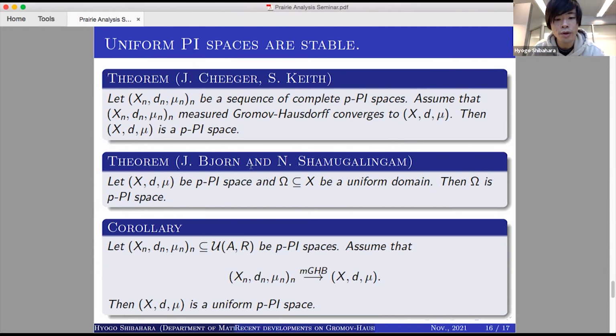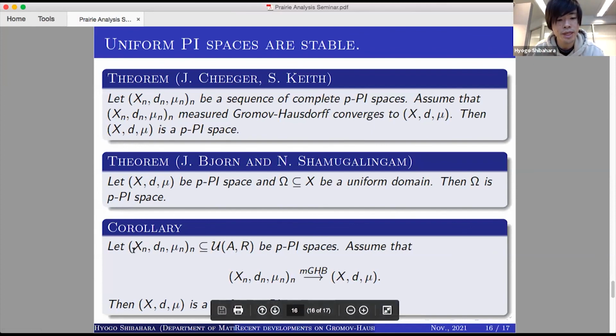And Björn and Shanmugalingam proved that if X is a PI space, and if you consider a domain Ω inside X which is a uniform domain, then Ω is also a PI space. So here's a corollary.